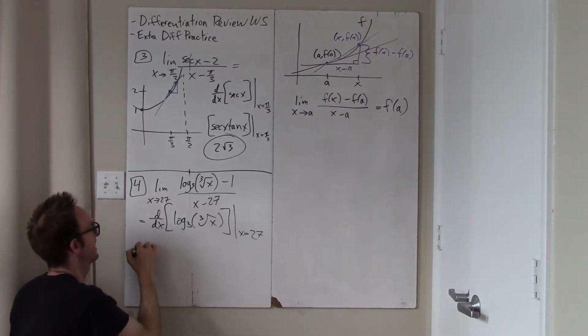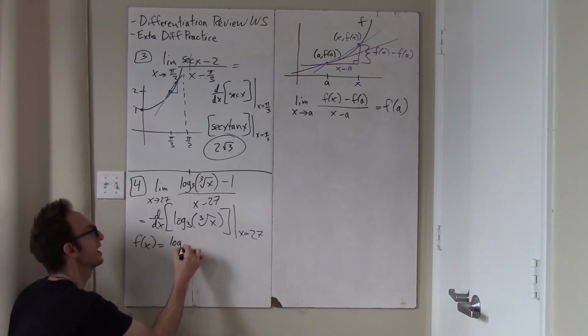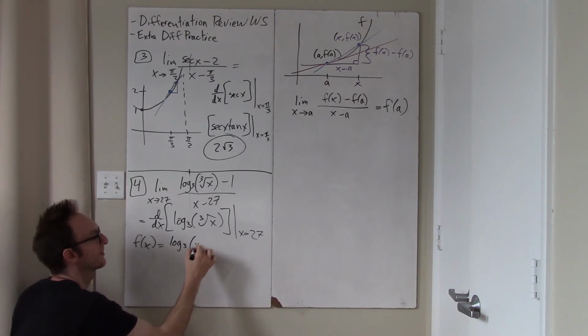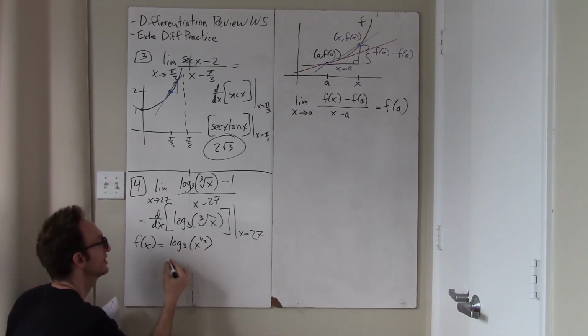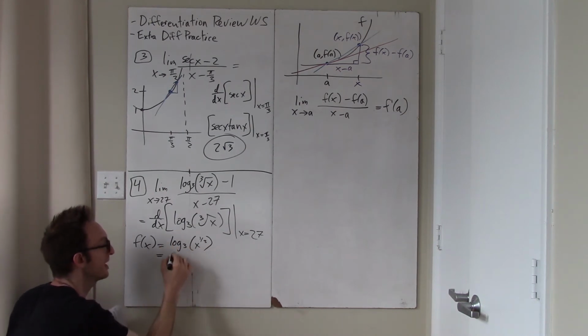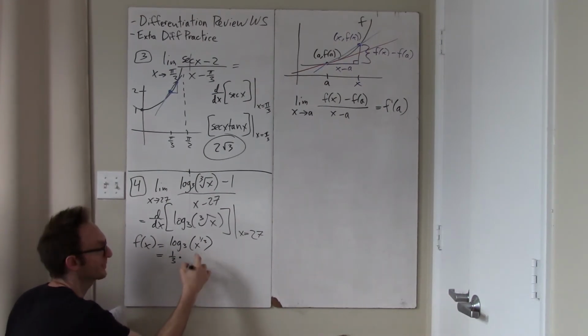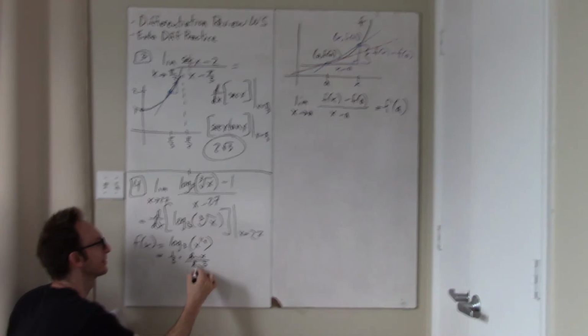So let's see, if I write this function as log base 3 of x to the 1/3, then the way to do this is maybe to bring down the 1/3 first of all, and then also to recognize that log base 3 of x is really ln x over ln 3.